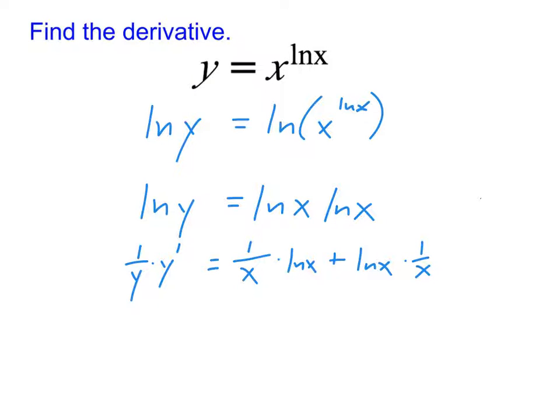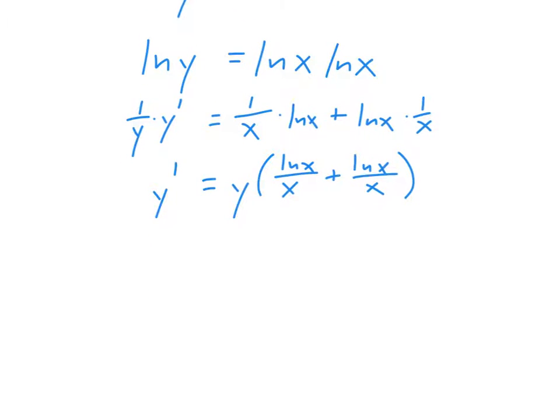And so if I then multiply by y on both sides and do a little simplifying on the right side, I end up with y times the natural log of x over x plus the natural log of x over x, which of course can simplify even further, right? So on the right side then, I am also going to substitute back in for y here. So that becomes x to the natural log of x times 2 natural log of x over x on the inside.